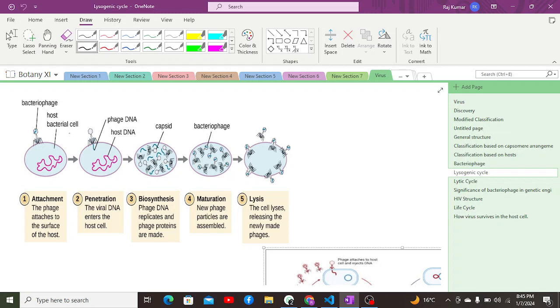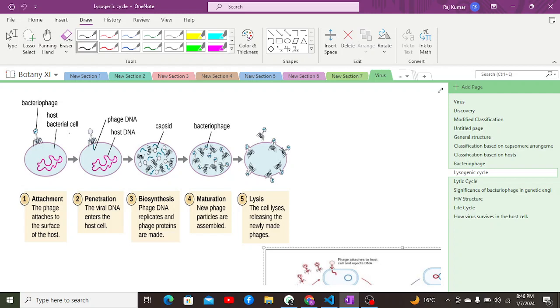As a result, the host bacterial cell's receptor binding site attaches with the receptor binding protein of the caudal fibers of the bacteriophage, and adsorption occurs.